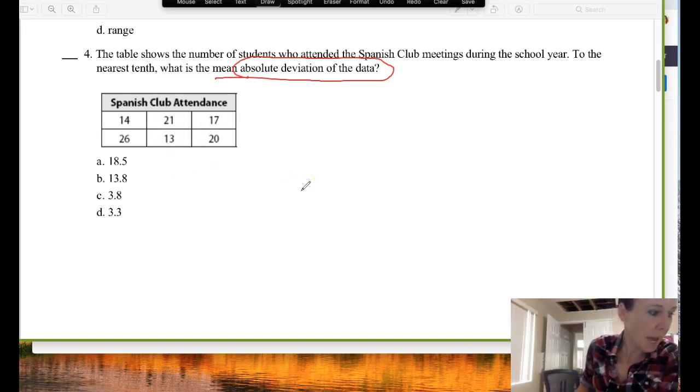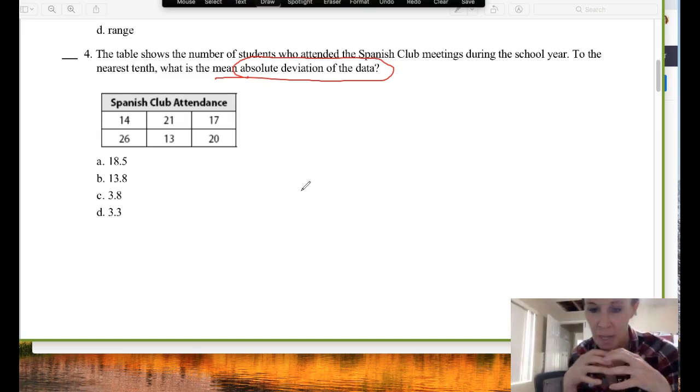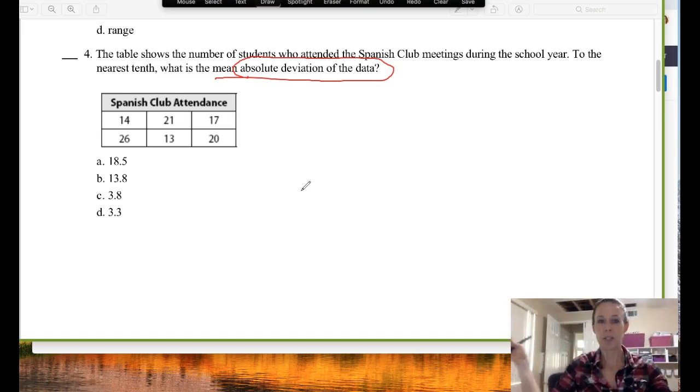So if your mean absolute deviation is a small number, that means all your points are really close to the average. If your mean absolute deviation is a big number, that means all your points are not close to the average. They vary, big and small. So heights might be one.